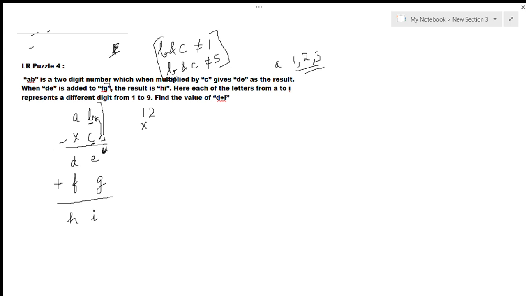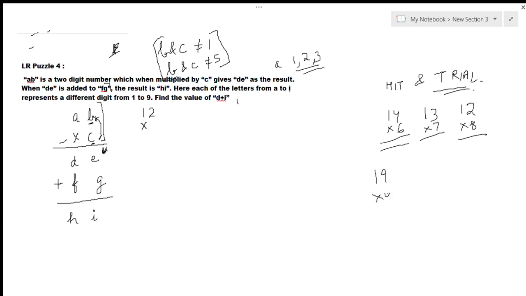But what if I go by hit and trial? There are people who will keep writing 14 into 6, 13 into 7, then 12 into 8, then 19 into 4. There is no use doing the hit and trial, because let us say I try with 14 into 6 and somehow it does not represent the correct answer.